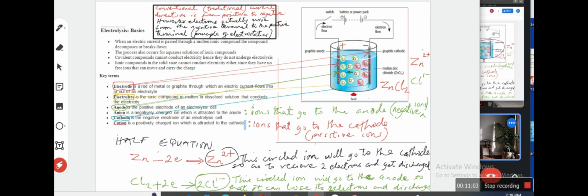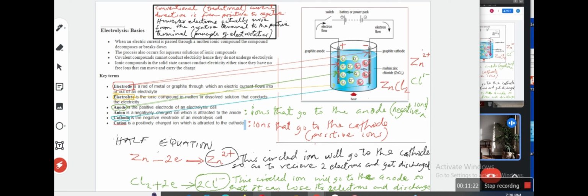The molten zinc chloride is the electrolyte. What are the electrodes? The anode and cathode. Remember, graphite. Graphite anode.